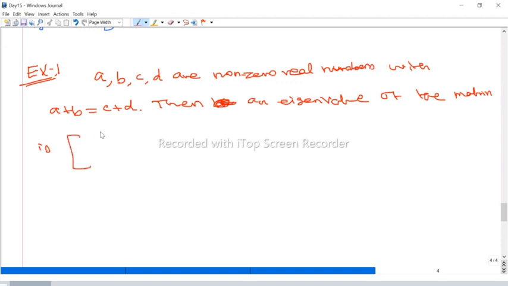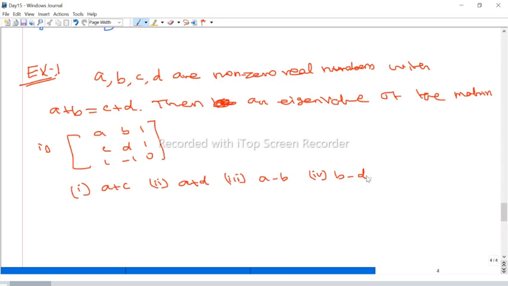The 3 by 3 matrix: A, B, 1; C, D, 1; 1, minus 1, 0. So what is the answer? The first option is A plus C. The second option is A plus D. The third one is A minus B. The fourth one is B minus D.